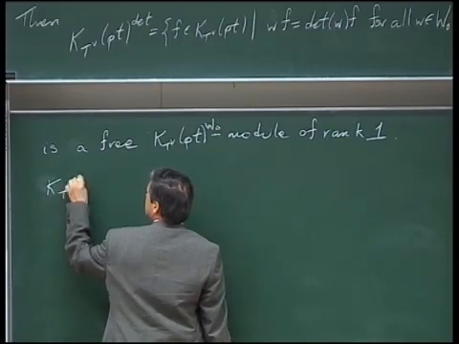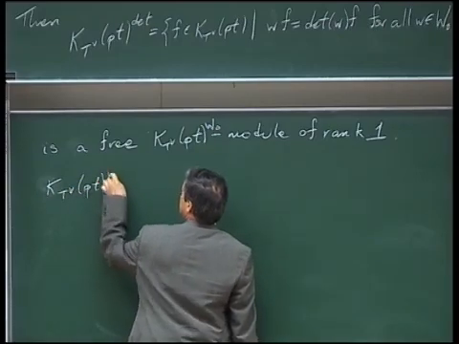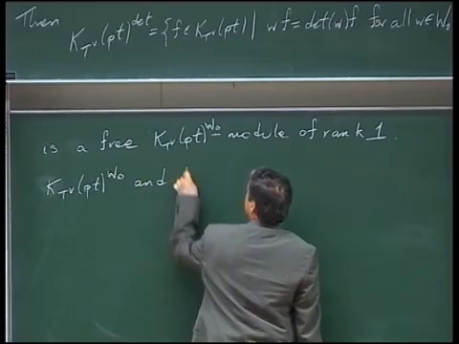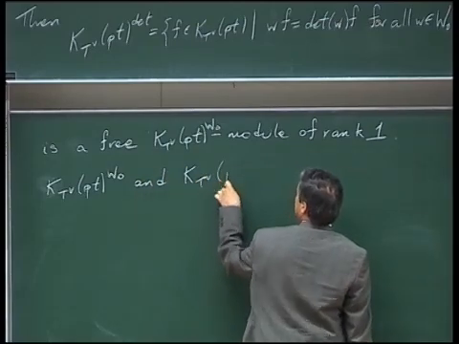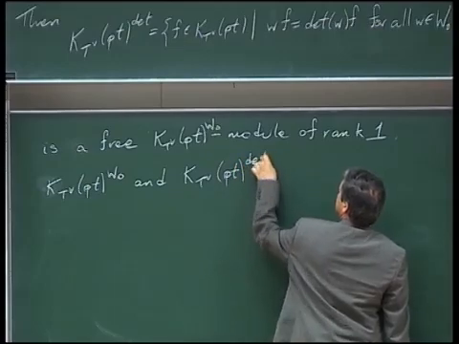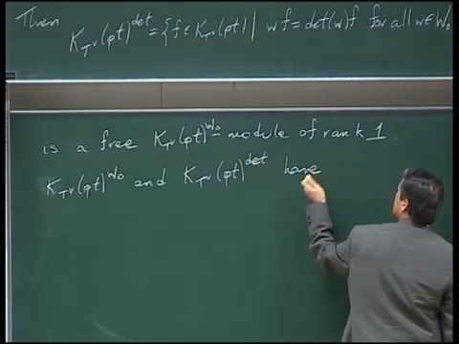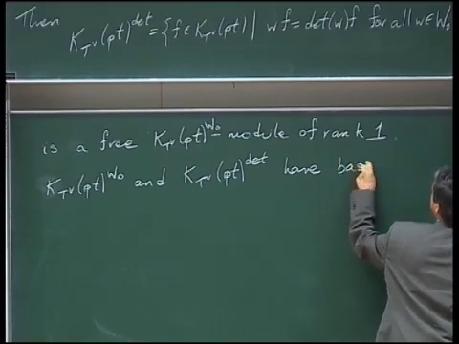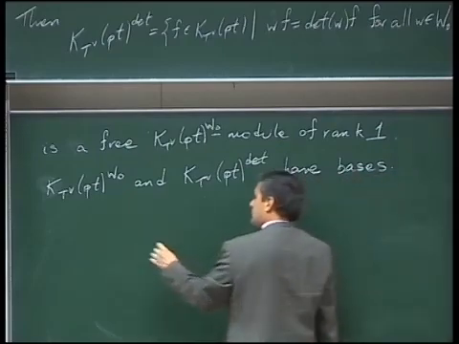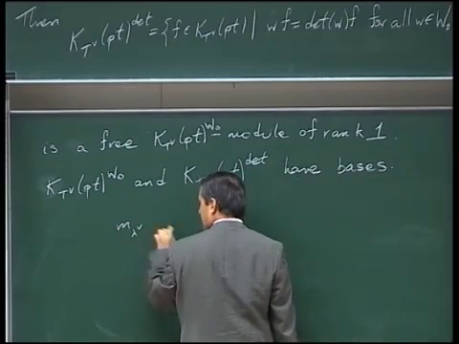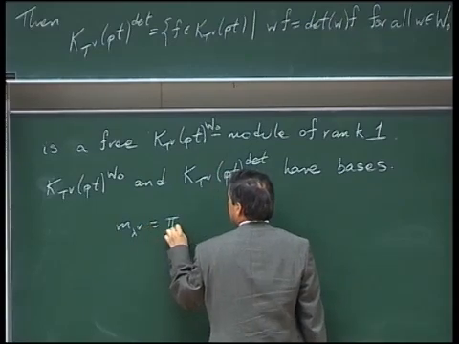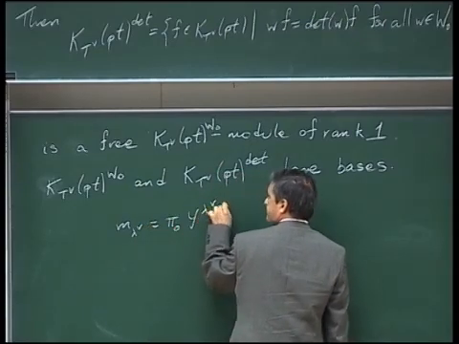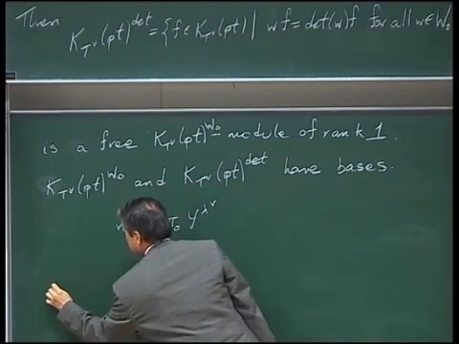So let me write it this way. K_T symmetric functions and skew symmetric functions. It's easy to construct bases of these vector spaces. So m lambda check will denote the monomial symmetric function.